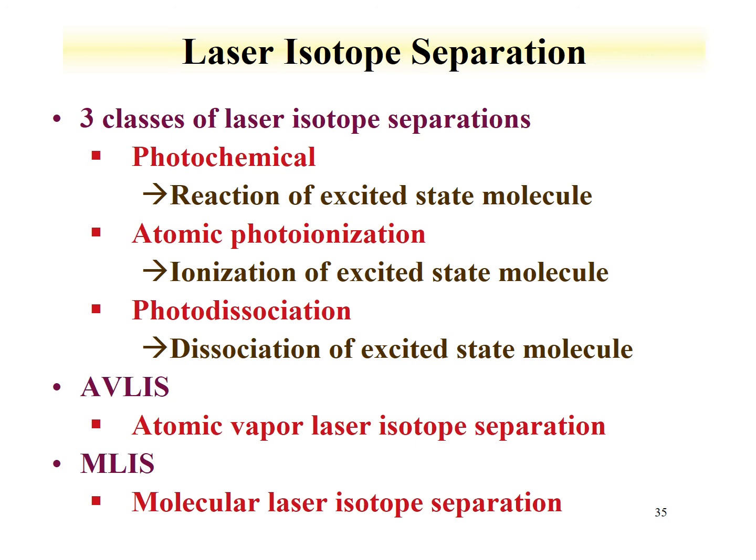With atomic photoionization, the isotope that's targeted will be ionized, so then it can be separated. Or they can undergo photodissociation, where instead of being uranium hexafluoride, it can be transformed to uranium pentafluoride. There are two examples: AVLIS, atomic vapor laser isotope separation, and MLIS, molecular laser isotope separation. We'll explore these methods.